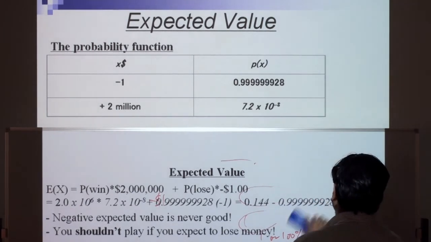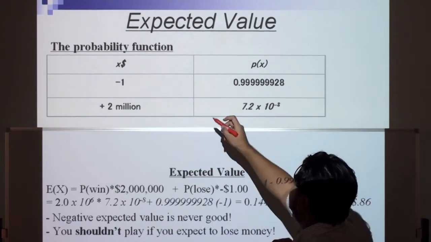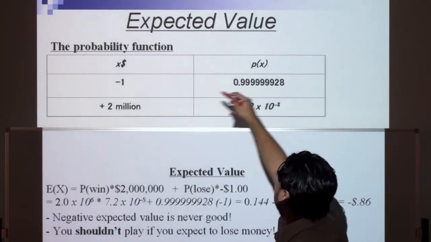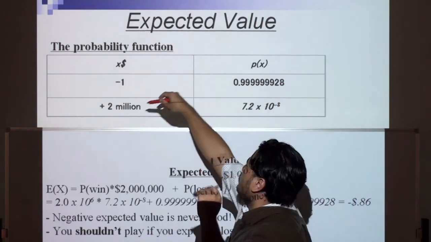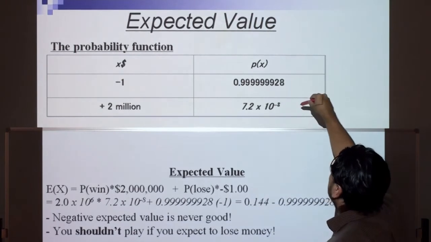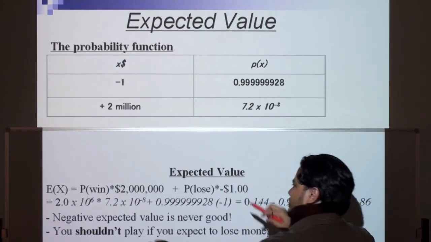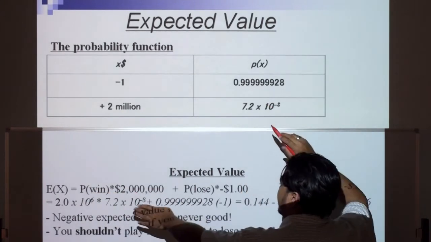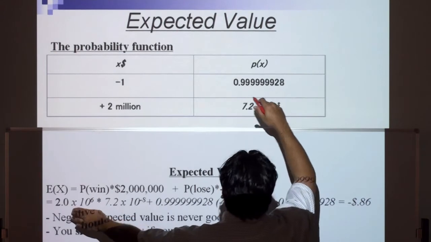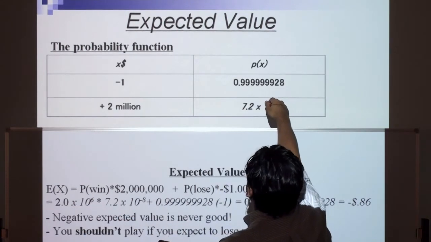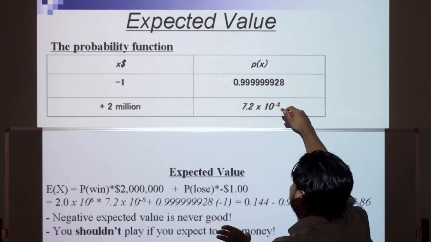So, we're going to look for our expected value. We've got the numbers. Probability to lose $1, 99.99999%. The probability of winning $2 million, 0.00000072. Now, expected value: we take the probability to win times the amount of your winnings, the x value, times the percentage distribution.